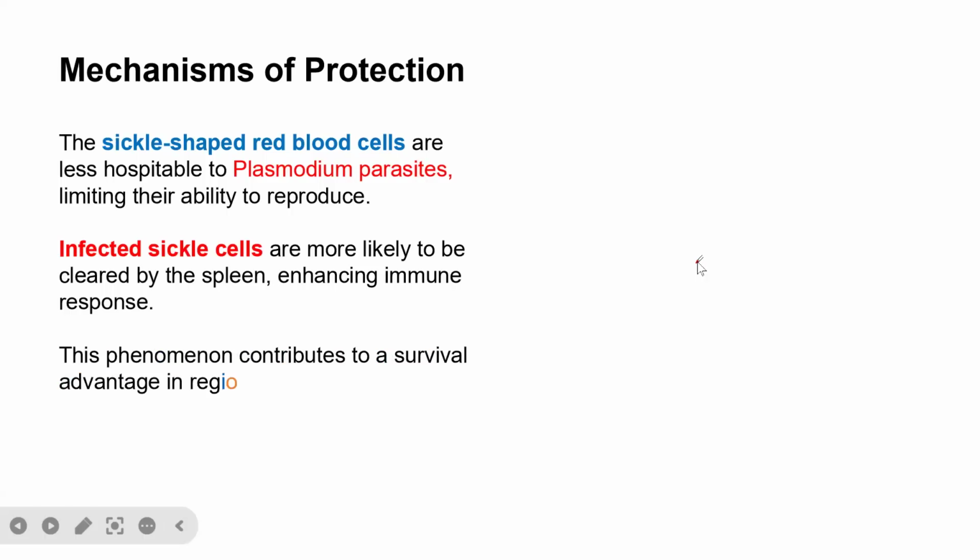This phenomenon contributes to a survival advantage in regions where malaria is prevalent. So for those that have sickle cell red blood cells, it serves as a survival advantage to them in the case of malaria.